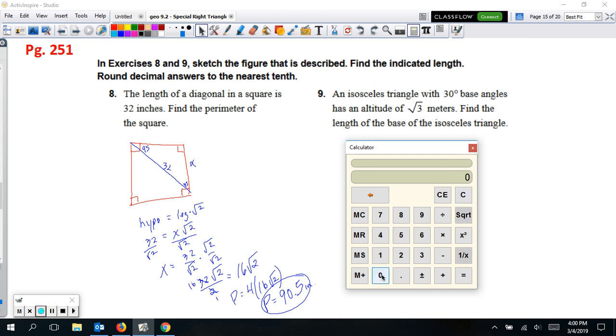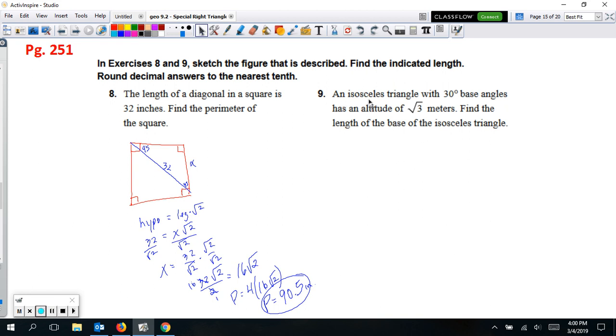No, it doesn't work it out. We're going to say, okay, square root of 2 is 1.414. I'll just round it to that, and I'll say 32 divided by 1.414 equals this. And then there's going to be 4 of those, so times 4 equals that. There's the 90.5. So we could have done it that way as well. Still got 90.5, rounding it to the nearest tenth.